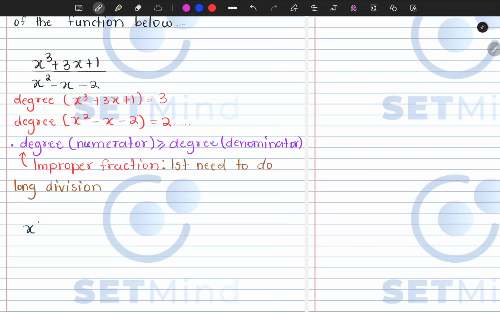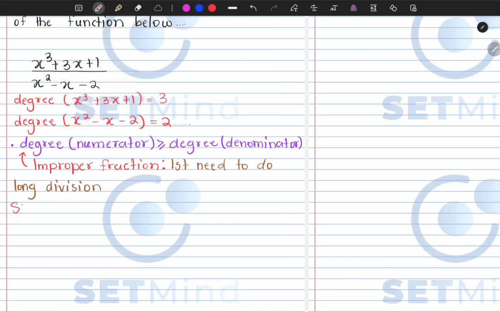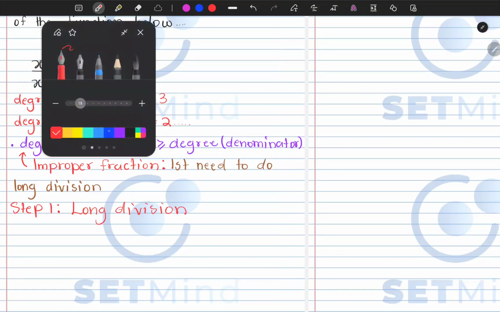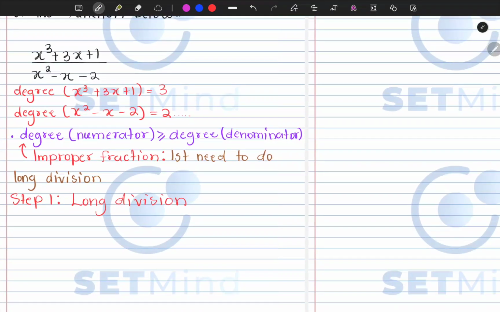Let's quickly note that as step number 1. So what we need to do is long division, and it's because this is an improper fraction. The degree on the numerator is bigger than that of the denominator.